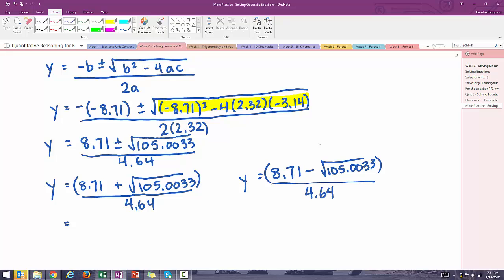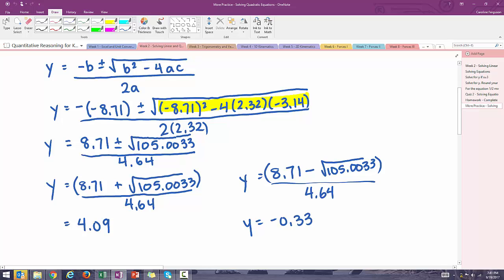Now I'm going to close the bracket, divided by 4.64, and I get one answer, which is 4.09. So I'm going to round to 2 decimal places. The question you get will tell you how much to round to. And then I also get y equals, now I'm going to type this on my calculator, 8.71 minus square root 105.0033, close the bracket, divided by 4.64. And I get negative 0.33. And that's what I get when I round it to 2 decimal places.